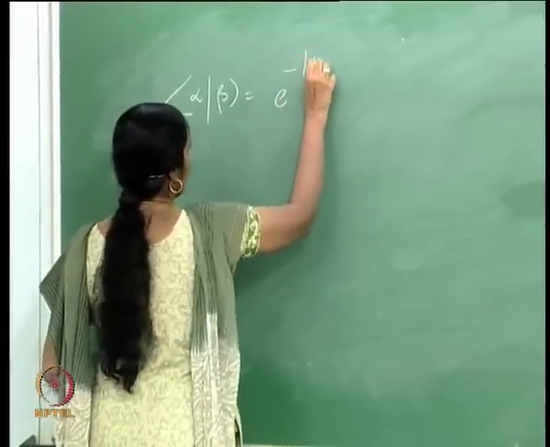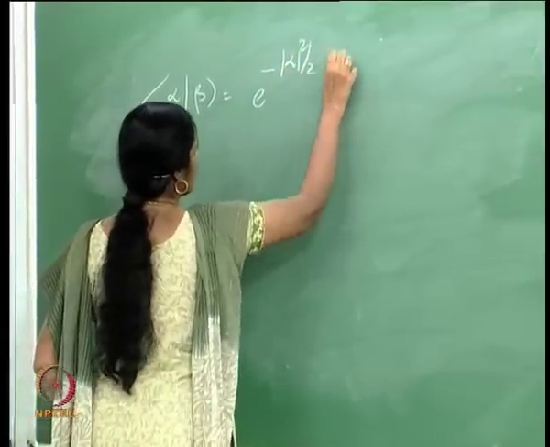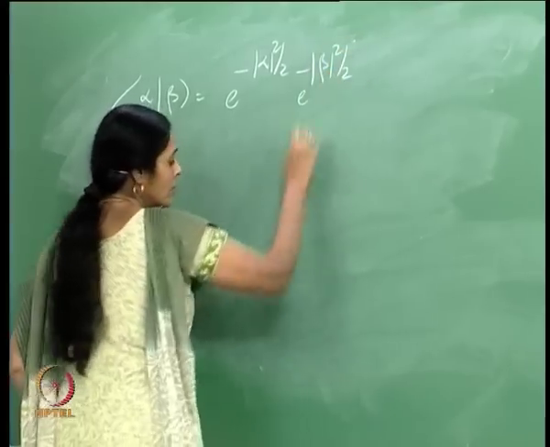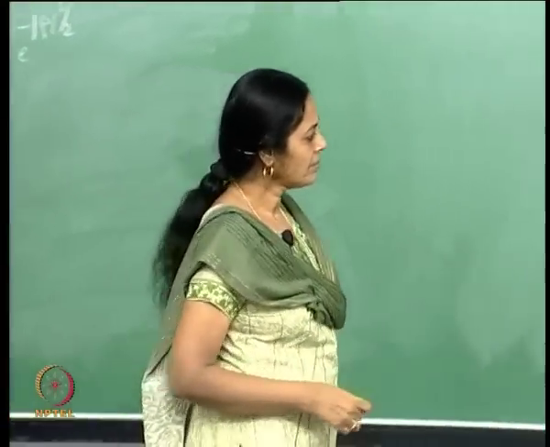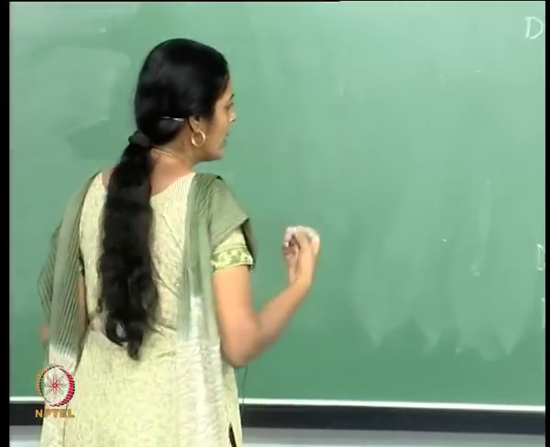So, this has an e to the minus mod alpha squared by 2, e to the minus mod beta squared by 2. There are two summations.